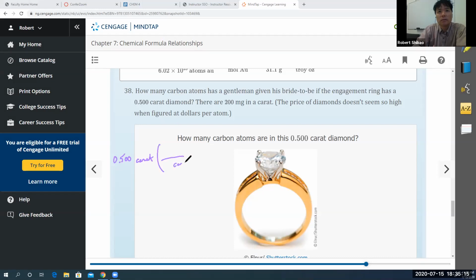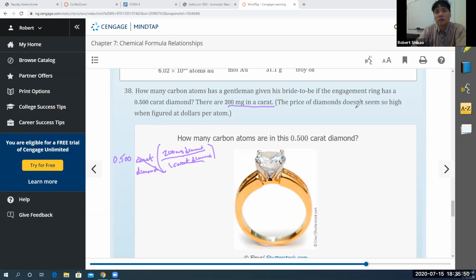This is carats of diamond, so if we want to be specific, we can say carats of diamond here. We either need something that gets rid of carats of diamond or just carats alone. In the next entry, there are 200 milligrams per carat. I think this would be only for diamonds, but I'm not sure, so just to be on the safe side, we'll do it like this. Carats of diamond cancel out carats of diamond and give me milligrams of diamond.